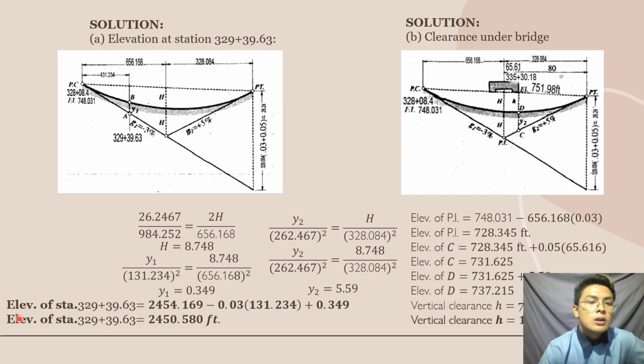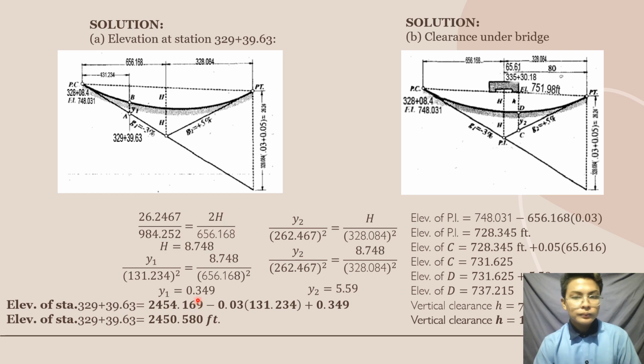The elevation of station 329+39.63 is equal to 754.169 minus our G1, 0.003, times 131.234, plus 0.349, our Y1. Then we will have 750.58 feet.